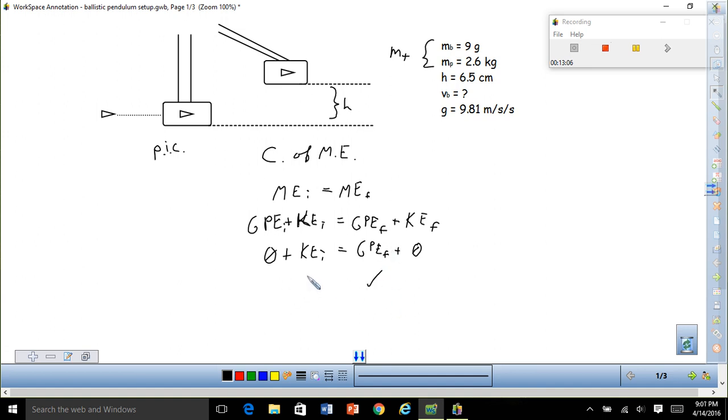And again, since we know our mass total, we can use that to solve for our initial kinetic energy, our initial velocity. And so we'll solve for our initial velocity here from our kinetic energy formula. And it turns out that the initial velocity of the swinging part is the final velocity from our perfectly inelastic collision.